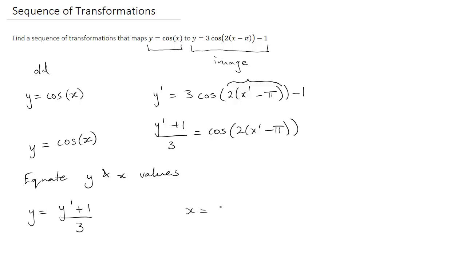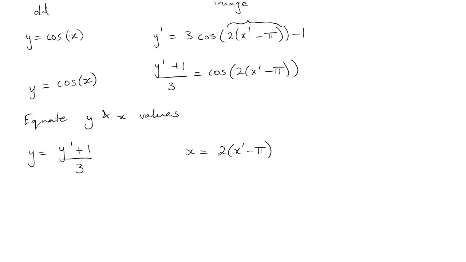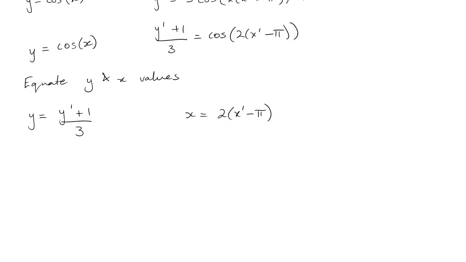So x equals 2 times x dash minus pi, and we need to now find y dash, and we also need to find x dash.